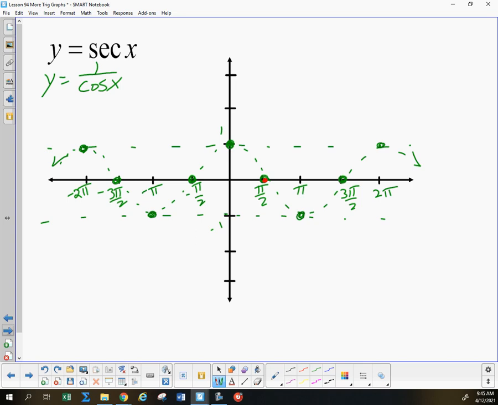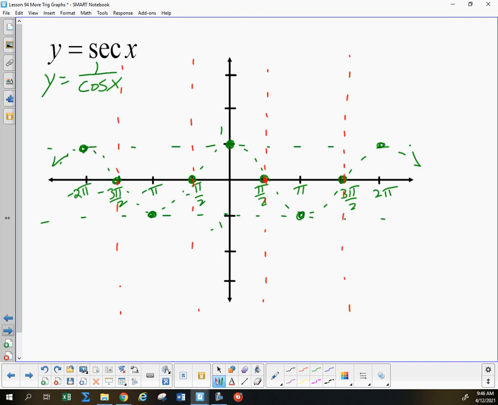So that's going to be right here. Oh, no longer have an asymptote on the y-axis like I did before. And here's going to be an asymptote. And here. And here. Are we good with those guys?